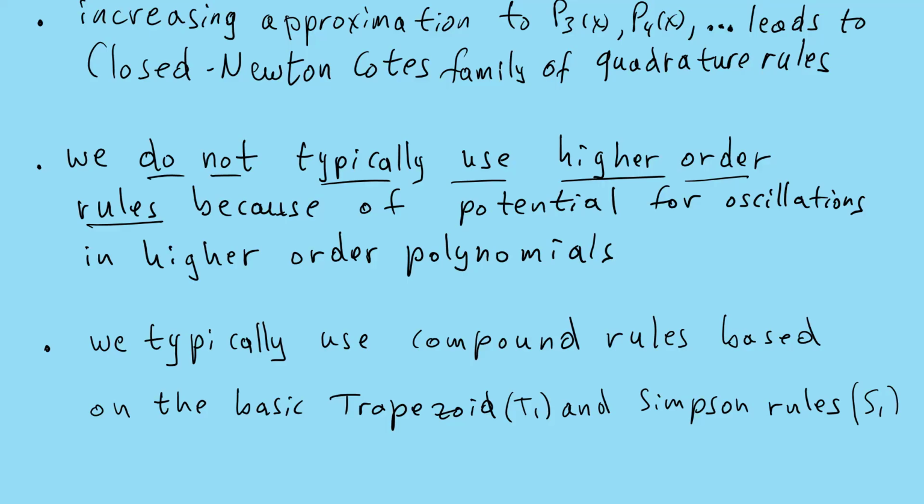For this reason, this approach of making more panels or more segments under the graph is called compound rules. Now we will see how we can apply the compound rule for the trapezoid and Simpson methods.